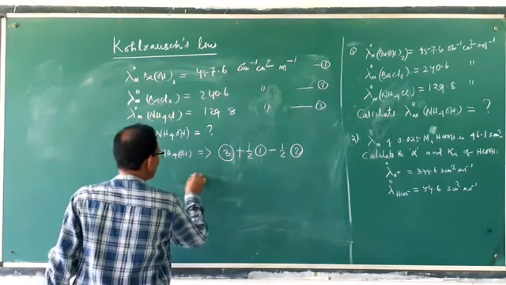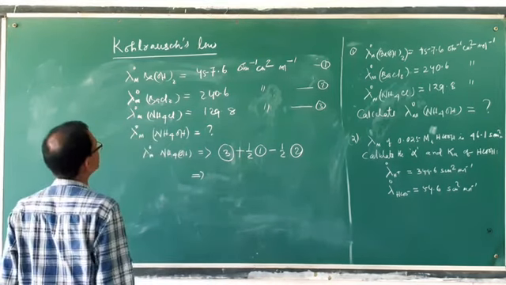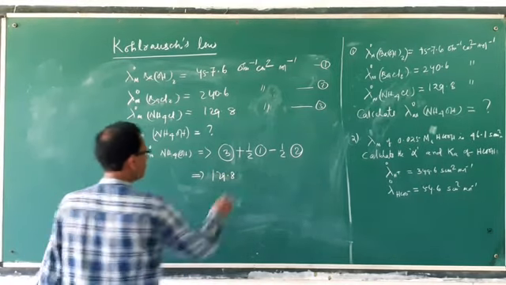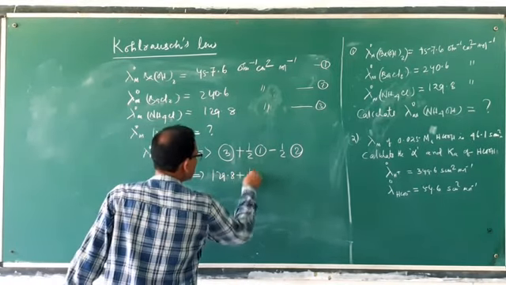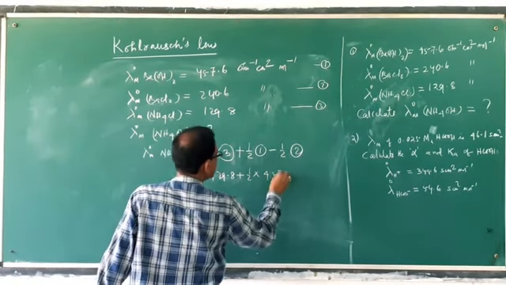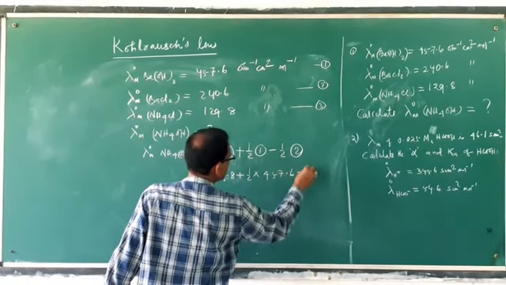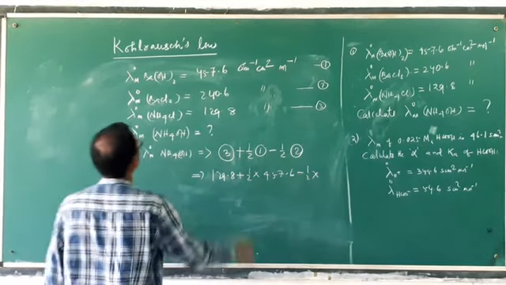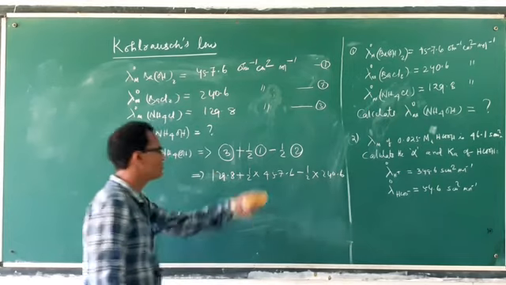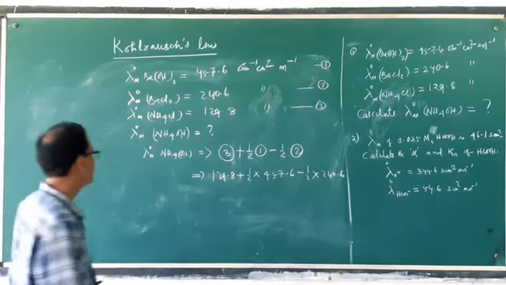Then you put the data here. The value of 3 is 129.8, plus half into the value of 1, which is 457.6, minus half into the value of 2, which is 240.6. If you solve it, what is the result?